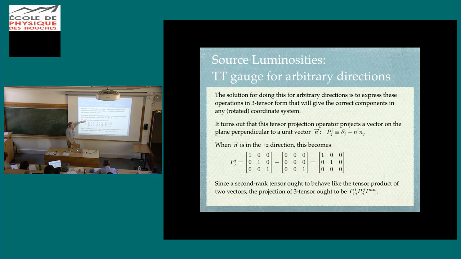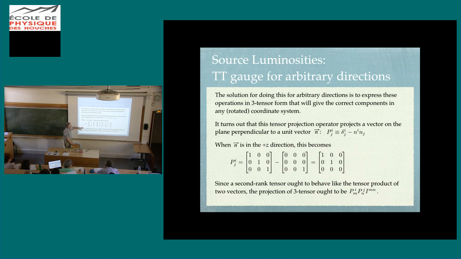And when n is in the z direction, I've got the Kronecker delta, which is just the identity matrix, and I'm going to subtract off this thing. If n is in the z direction, it only has z components, and it's a unit vector. And so I get this projection, and you see if I multiply this by any vector, it's going to project it onto the xy plane. We good with that?